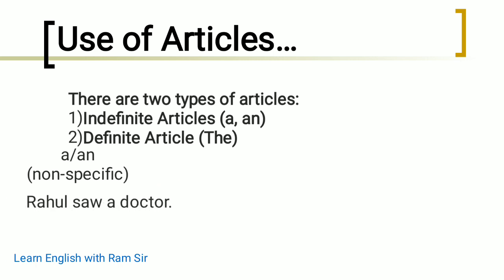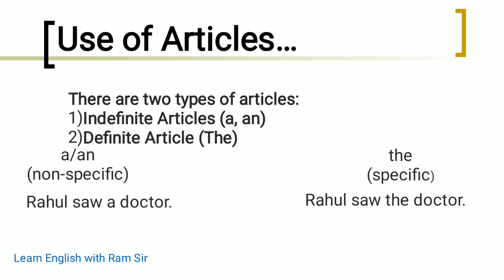Let's take the example here: Rahul saw a doctor. So here Rahul saw a person who is a doctor, and Rahul doesn't know anything about this person, but due to his appearance he recognized that this person is a doctor. And in the second example I have mentioned: Rahul saw the doctor.